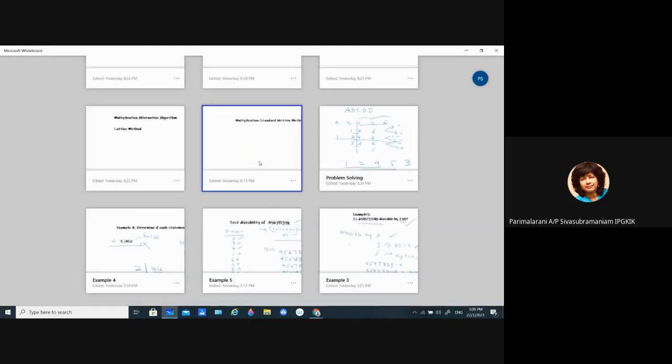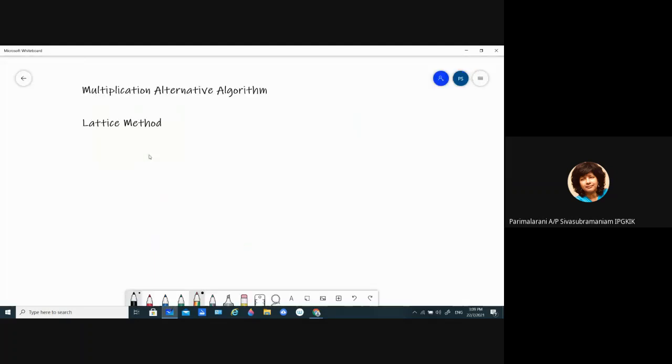Then we go on to the lattice method. This is a very popular method nowadays. It's already in the textbook. Example: 27 times 42.